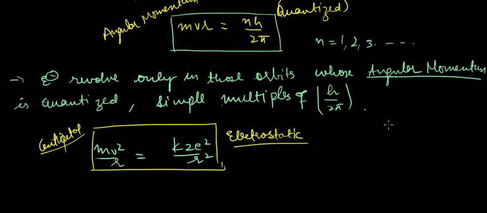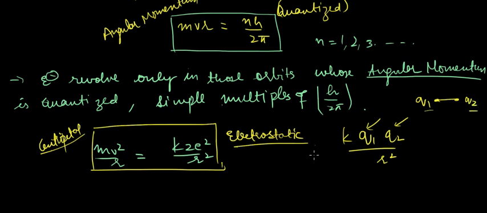Generally the electrostatic force is k q1 q2 upon r square, where q1 and q2 are the electric charges on the two charges interacting with each other.